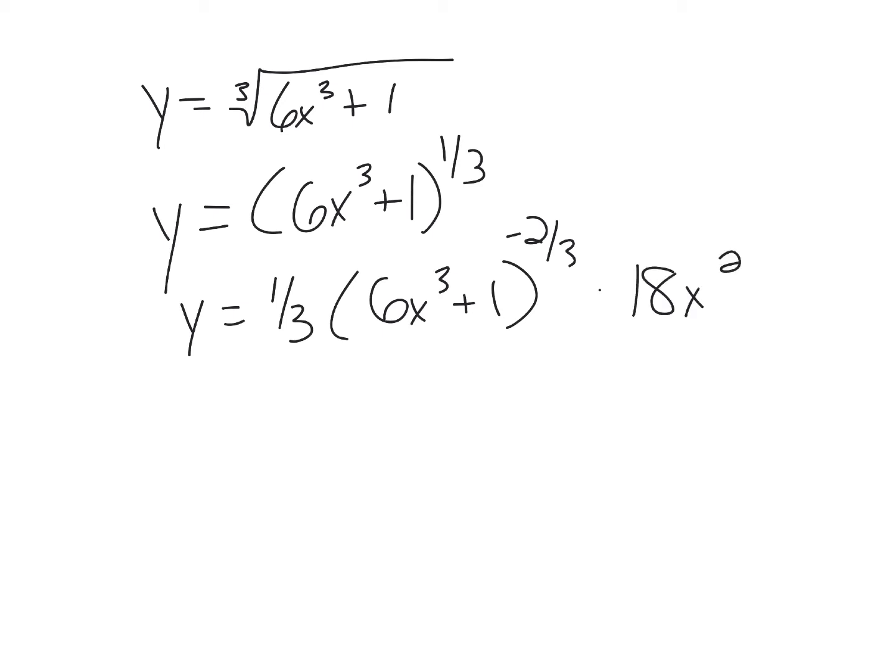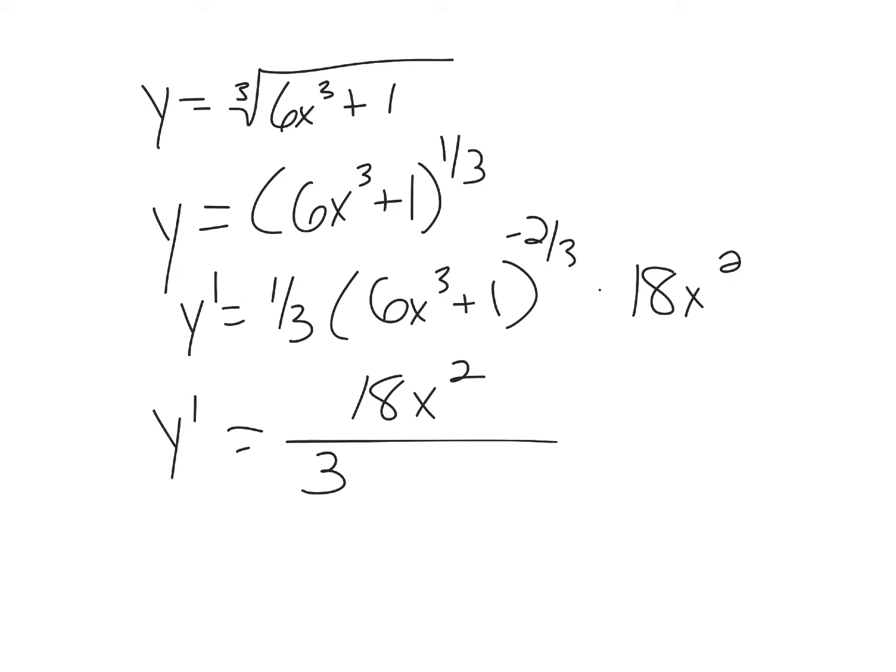We bring the 3 up front, 3 times 6 is 18, subtract 1, and it'll be that. Let's make this look a little prettier. My 18x squared is going to be on the numerator. On the denominator, it's 1/3, so 3 will be on the bottom. I should write notation here that we found the derivative, yay.